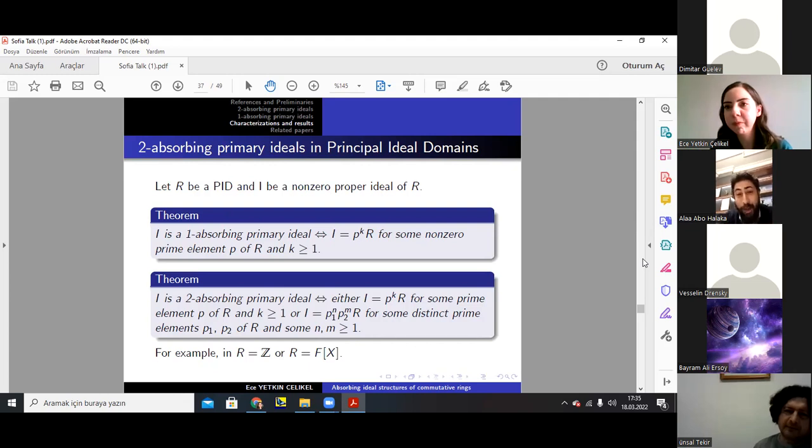For example, maybe the converse of this does not work. Maybe if we have a two absorbing primary ideal in the factor ring, the ideal in the original ring is not two absorbing primary. But it is saved here. I see. Thank you. Okay, welcome. Some other questions?